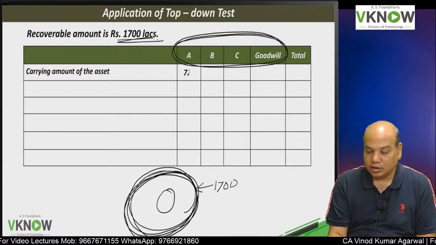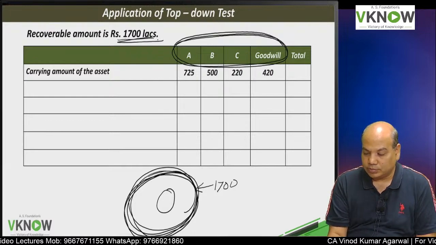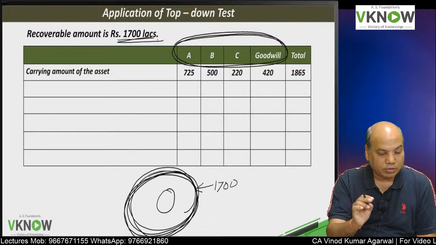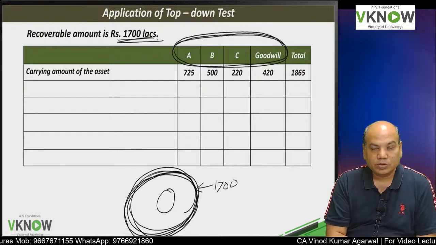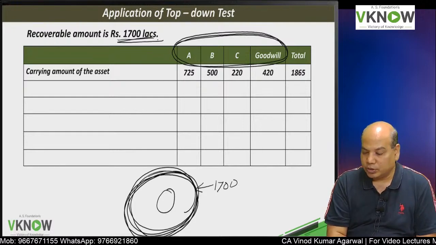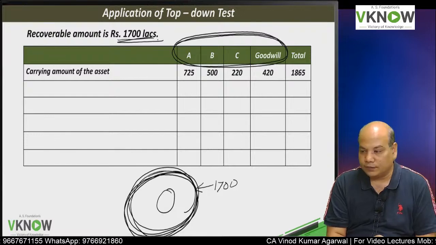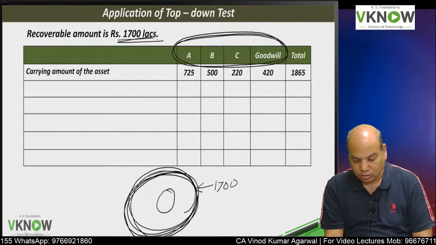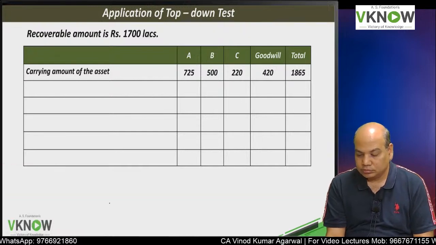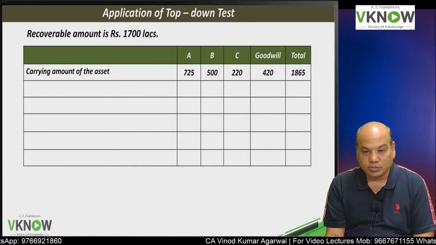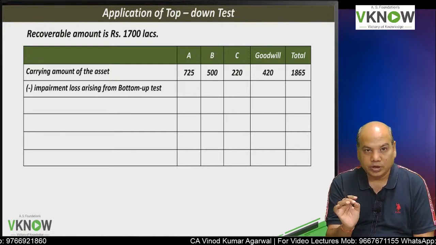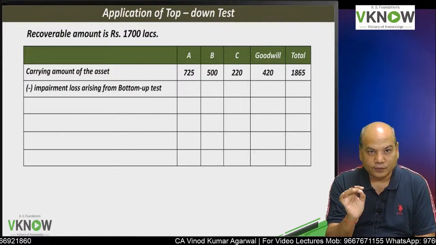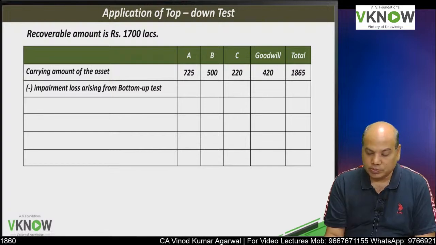Apply the test like this. First write down the carrying amount as given in the problem. If you read the problem, the last 5 lines, carrying amount is given: 725, 500, 220, 420, 1865. Please note it down. Once you have noted down, then you go to the bottom up test. Did we provide for impairment loss in the bottom up test?